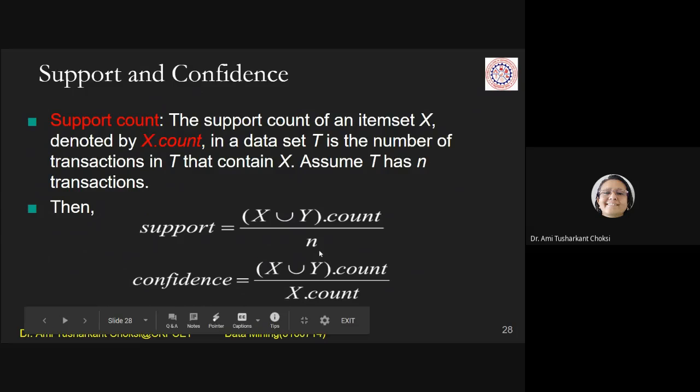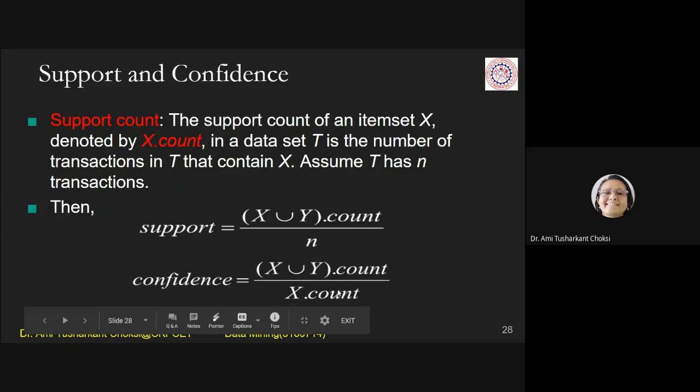And what about the confidence? Confidence is X union Y dot count, similar to the support above. So what is in the denominator? X dot count.